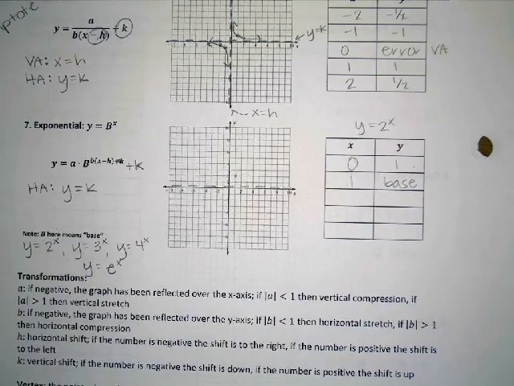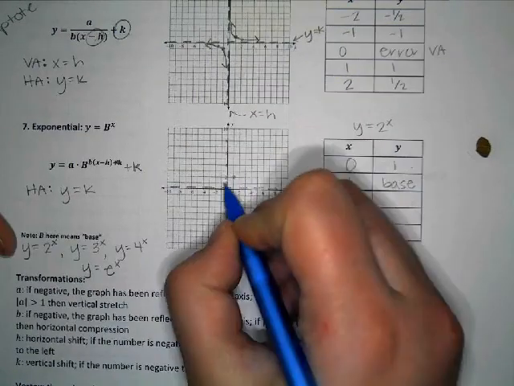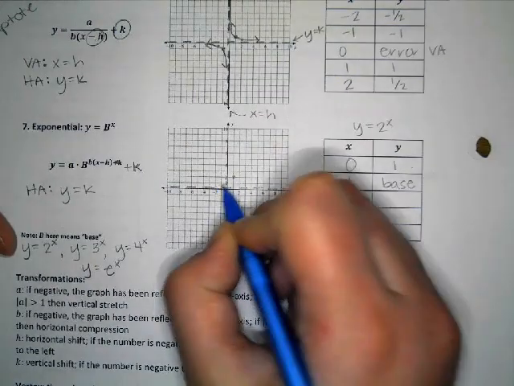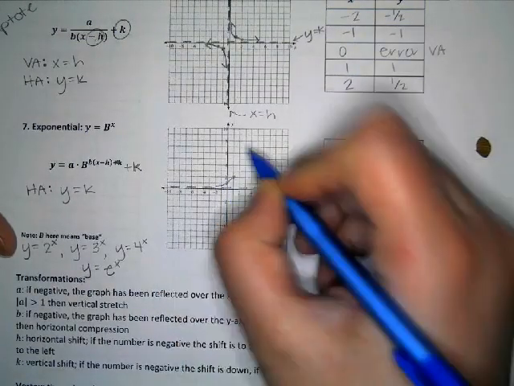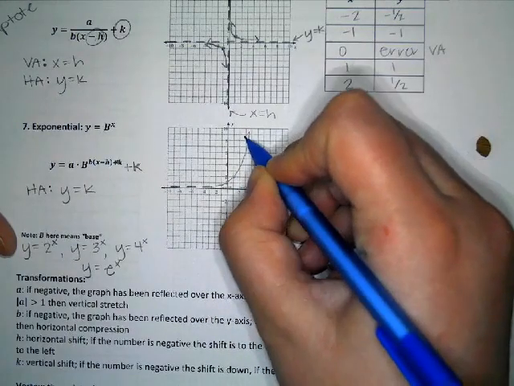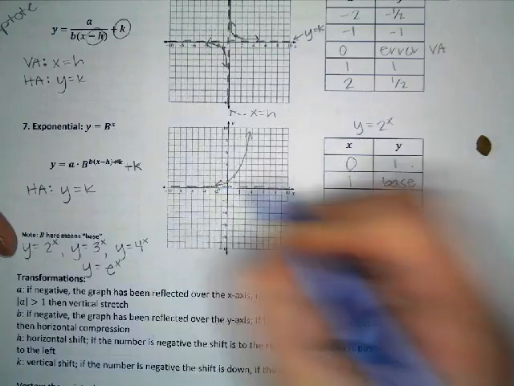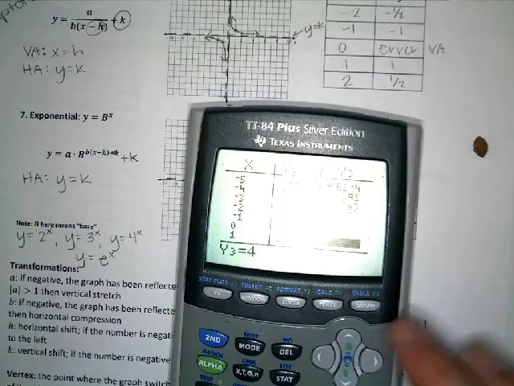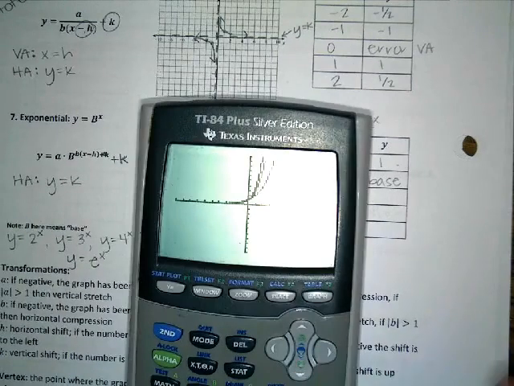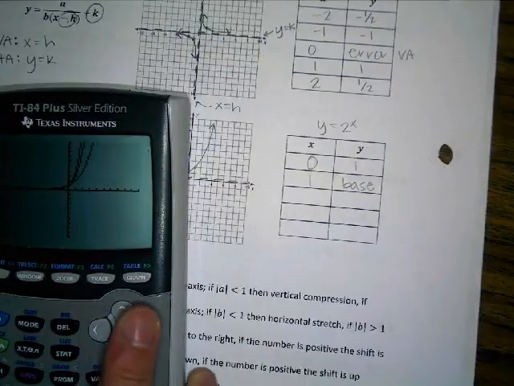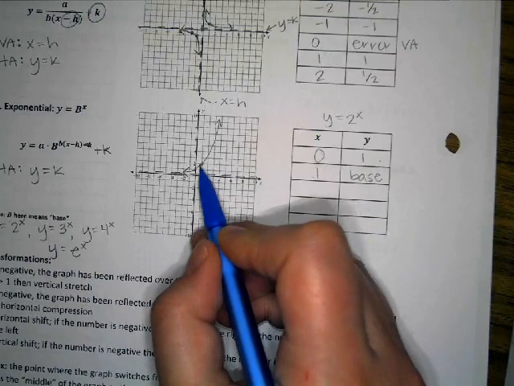Typically, that's all we would ask you to graph for an exponential. Then you can look at the graph and just make sure that you have the right kind of shape. On the left side, you follow it along the asymptote right there. And on the right side, you just know that it grows really fast.